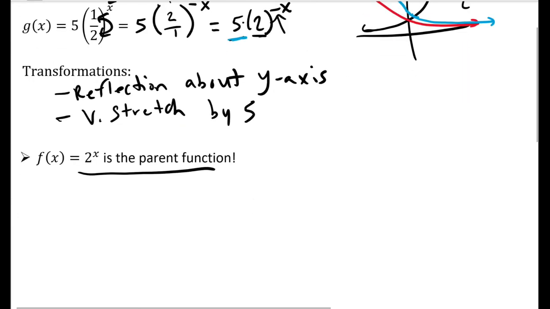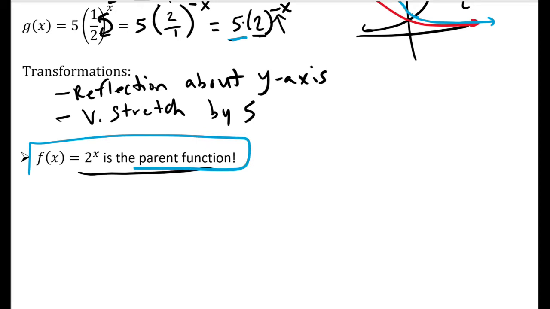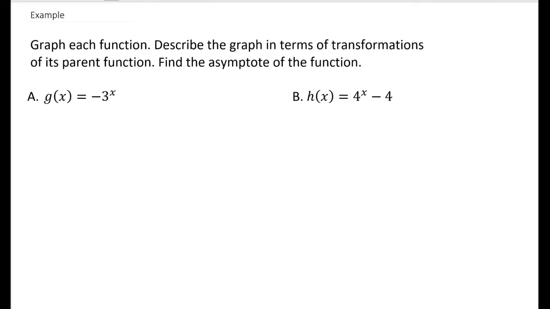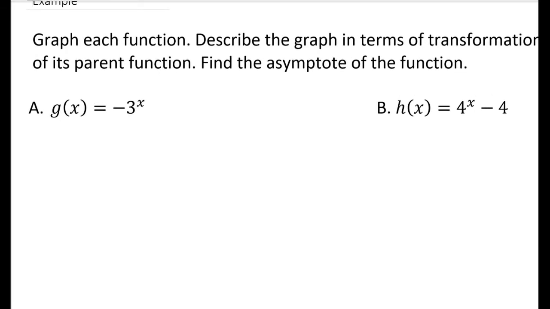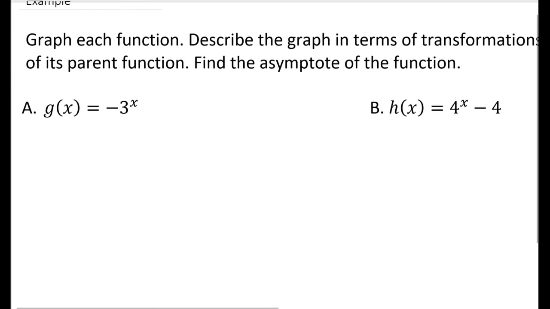So we can think of f of x as the parent function. This is an important point here. We're going to identify the parent function given the new transformed function, and then graph it using the idea of the parent function. It says to graph each function, describe the graph in terms of transformations of its parent function, and find the asymptote of the function.